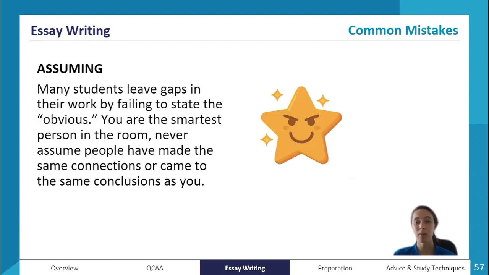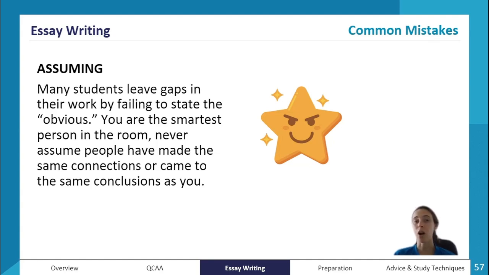Assuming. So many students leave gaps in their work by not stating the obvious or not really outlining their interpretations and their thoughts on evidence and ideas from the text. So remember that you are the only person in your own head with your own way of thinking. You can't assume that other people are going to make the same connections as you.